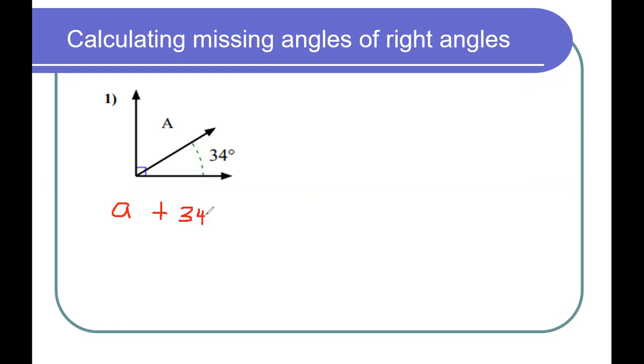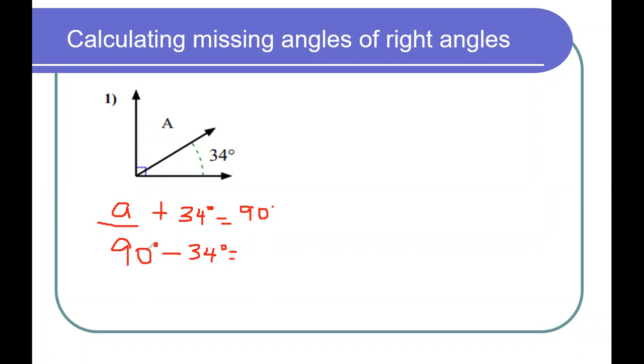How many degrees is a right angle? Yes, it's 90 degrees. So what do we do? What's the opposite? This angle is missing to make 90 degrees, so we simply subtract 90 minus 34.